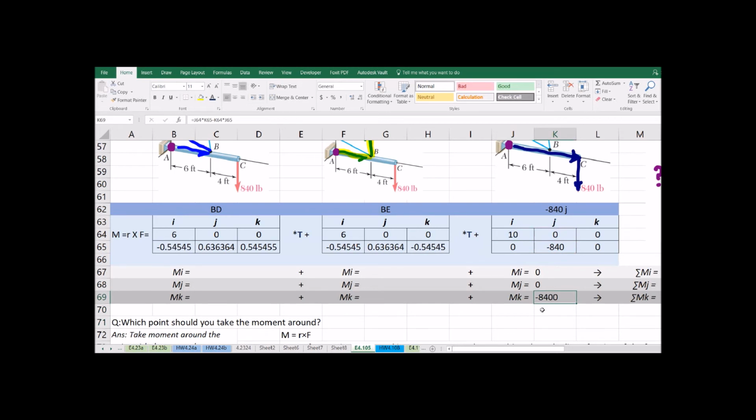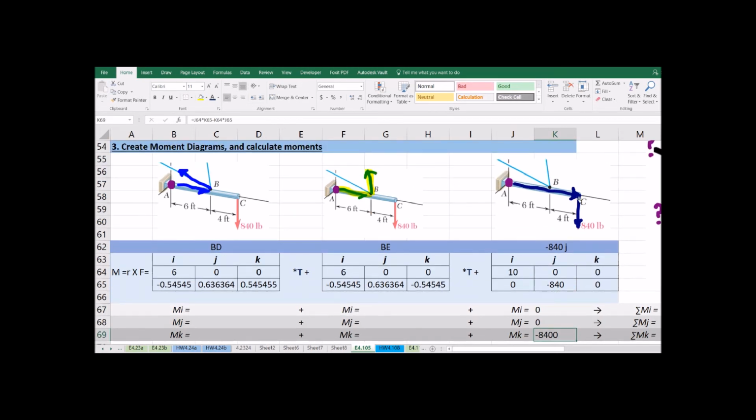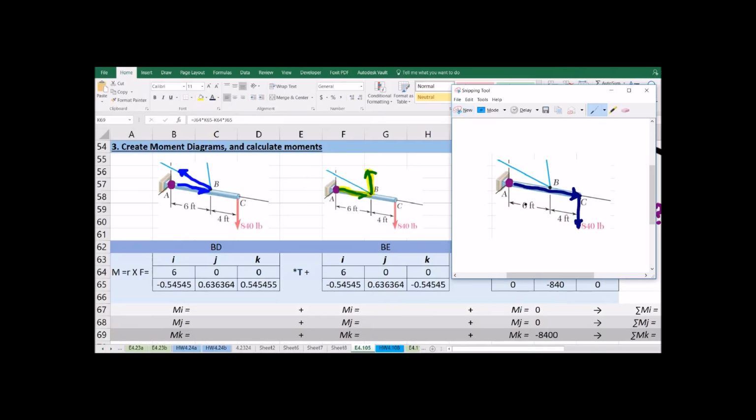Okay, so all we have generated from the 840 pound, it is rotating. Let me grab this. So this force is going to rotate it around the K axis. See how it's going to rotate it around here? And use your right-hand rule. So for the right-hand rule, the vector is in the negative K direction.